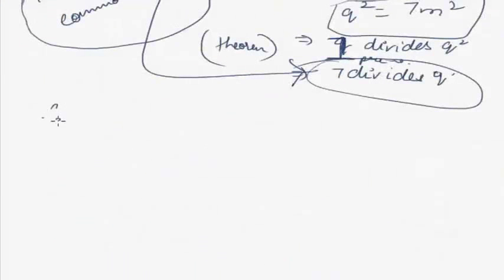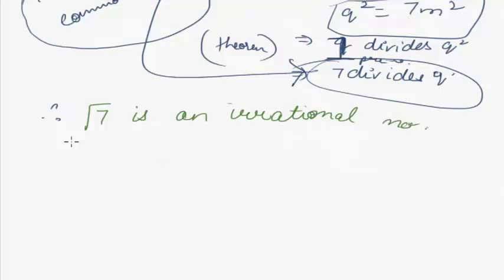Therefore, root 7 is an irrational number. Similarly, we can prove that the roots of other primes like root 2, root 3, root 5 are also irrational numbers.